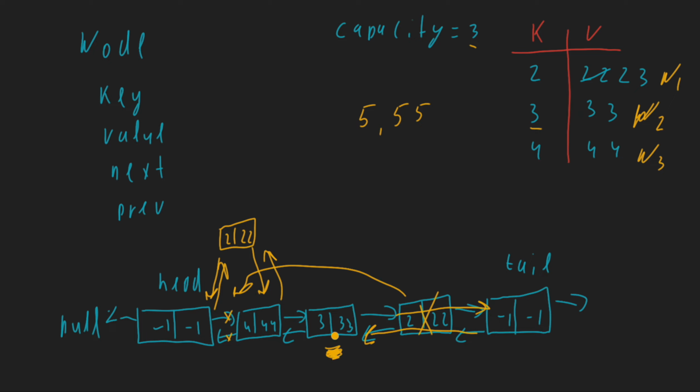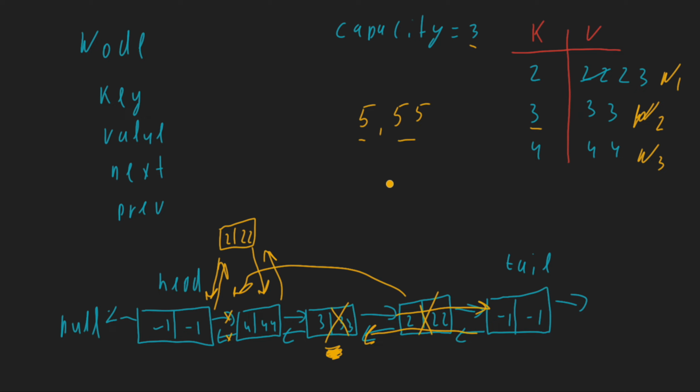So in this case, we are removing 333 because this is the least recently used cache, and then we are adding 5 and 55. After removing this one, we can add 555 here. Then our head will point to 555, and the 555 will point to 2 and 22.